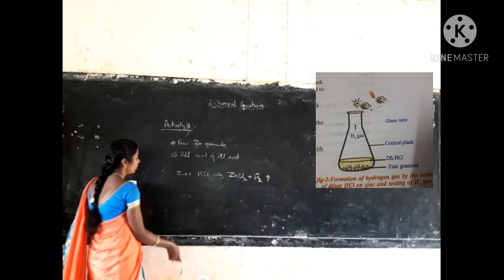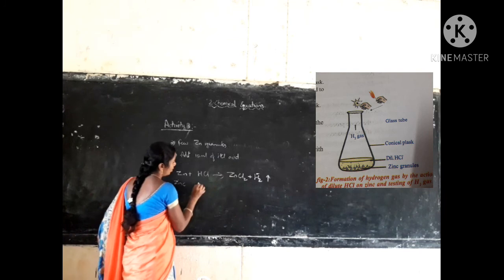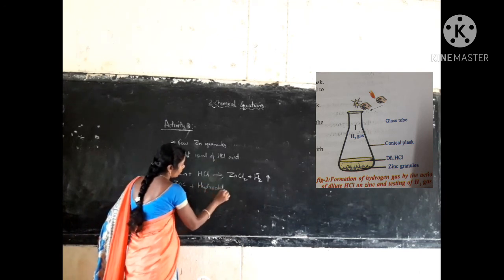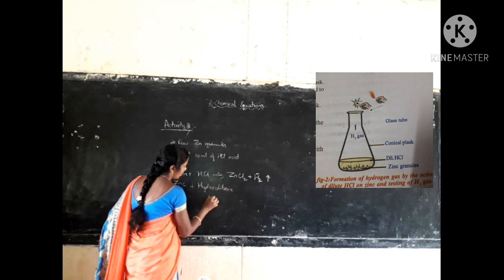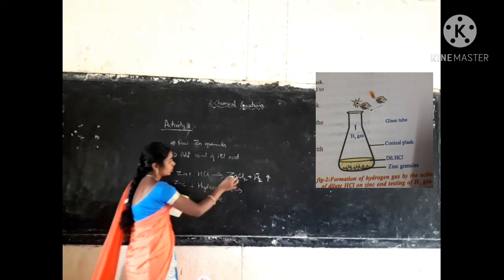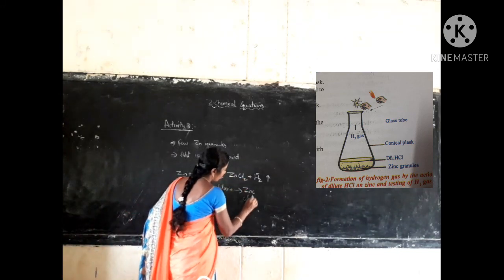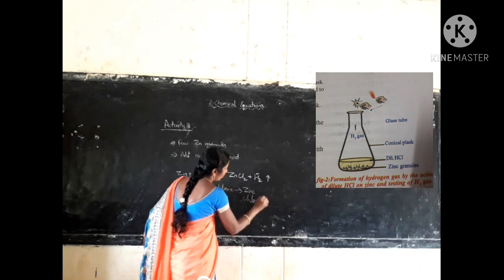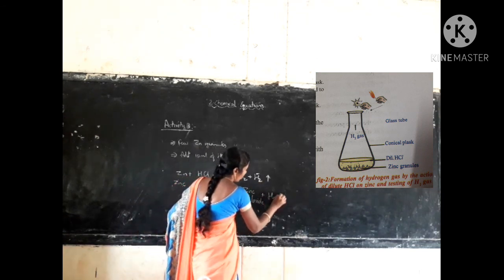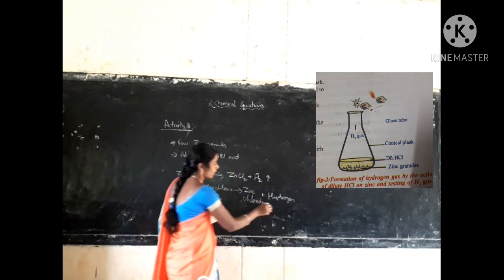So Zn is zinc, HCl is hydrochloric acid, which gives rise to ZnCl2, called zinc chloride, plus H2, hydrogen. The upward arrow indicates gas.